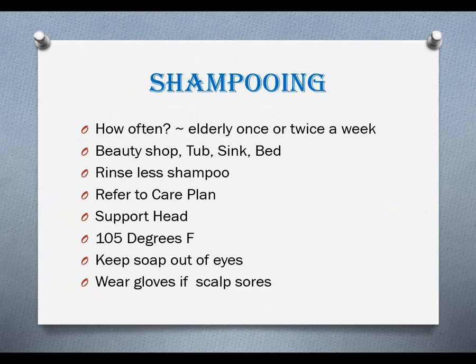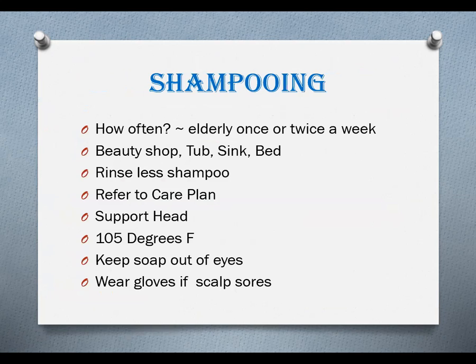Shampoo, how often? Elderlies, usually in nursing homes especially, have a shower or a bath twice a week. So you can shampoo their hair then. Or otherwise, they have a beauty shop. They can go and have their hair done in the beauty shop.